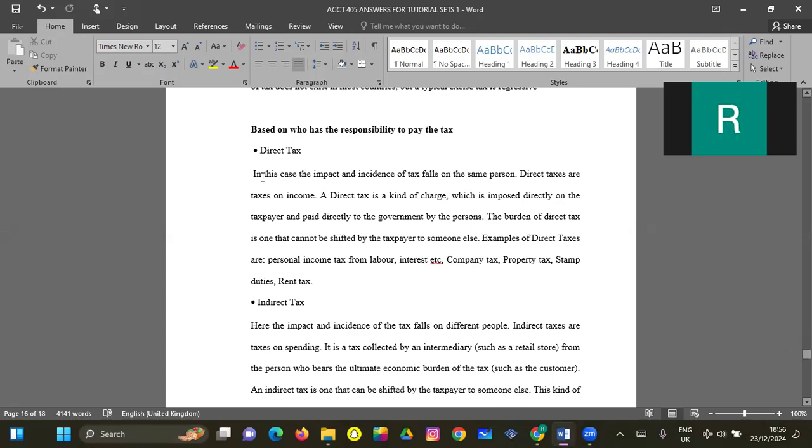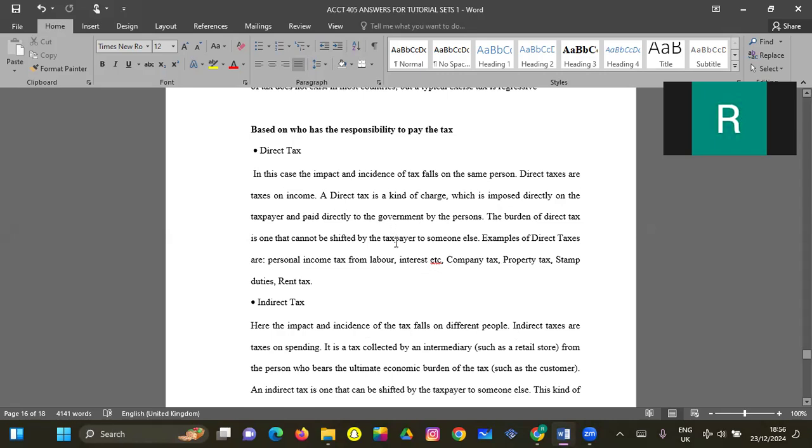And we know about this, that the direct tax is being paid by the individual or corporate firms, right? So a direct tax is a kind of charge which is imposed directly on the taxpayer and paid directly to the government. While the indirect tax here is where the incidence falls on different people, right?